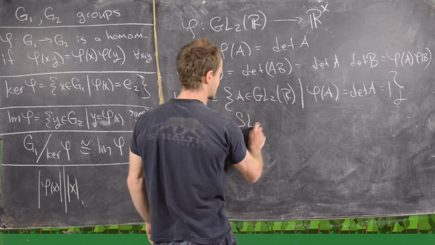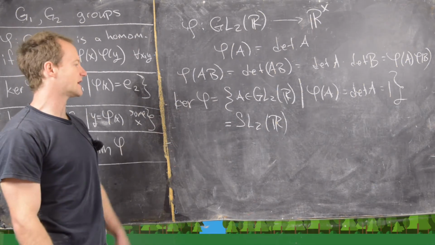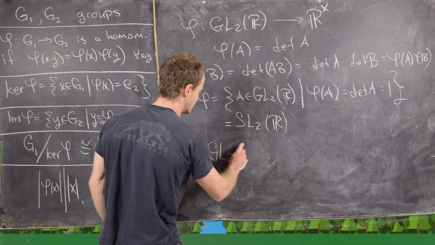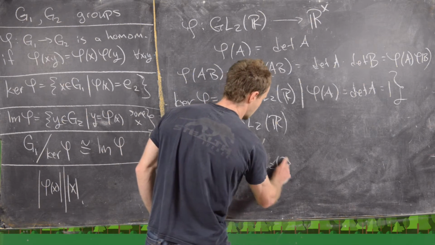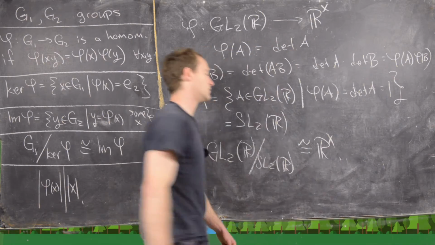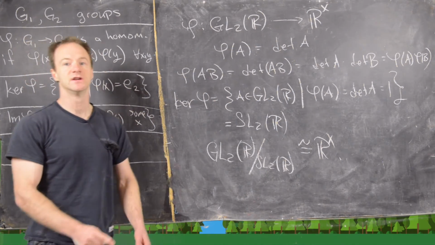This is called SL2(R). Now we can apply the first isomorphism theorem to see that GL2(R) mod SL2(R) is exactly isomorphic to the multiplicative group of non-zero real numbers. Okay, good. So we'll keep going.